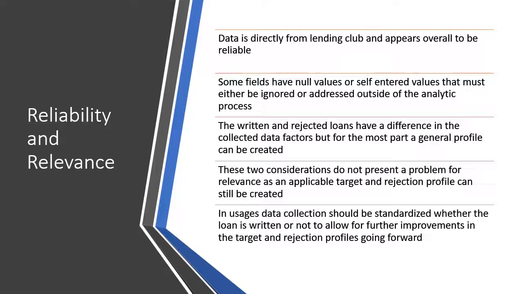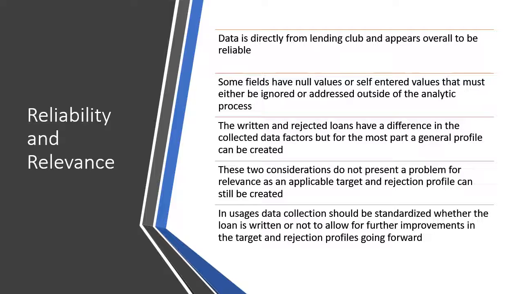There are some fields that have null values, and one field in particular seems to be consisting of self-entered values from the borrower that must either be ignored or addressed outside of the analytic process. The written and rejected loans have a difference in the collected data factors, but for the most part, a general profile both for marketing and rejection can be created with the data available.